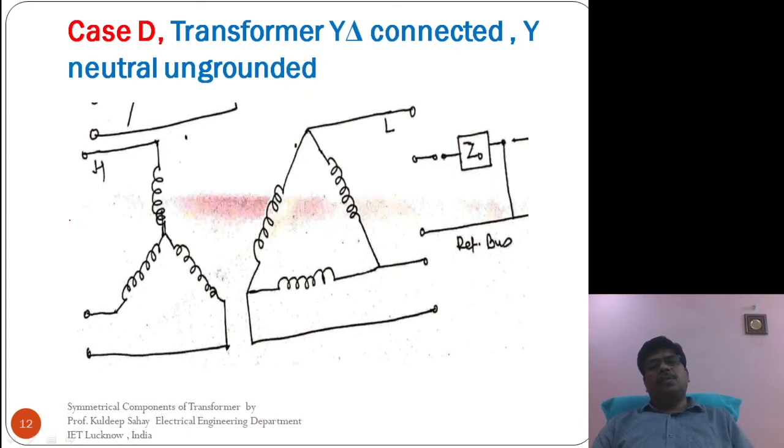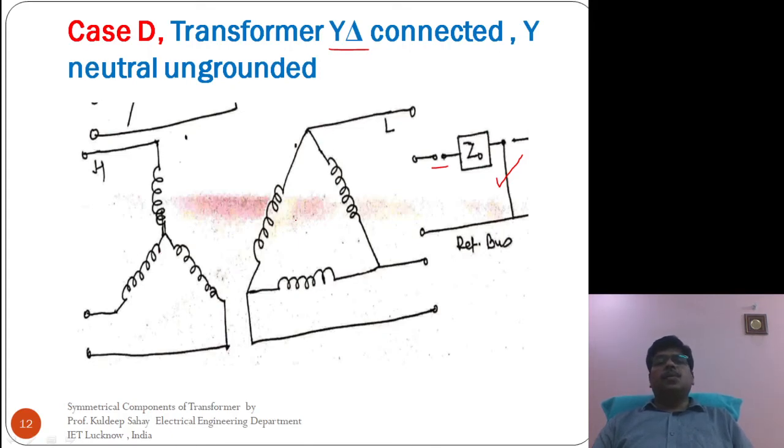Case number 4, the transformer connection is star delta. So the primary side is star, the secondary side delta. If there is a delta on that side, the shunt switch will be closed. So here you can see the shunt switch has been closed. While on this primary side the neutral is not grounded, so this switch A will remain open.